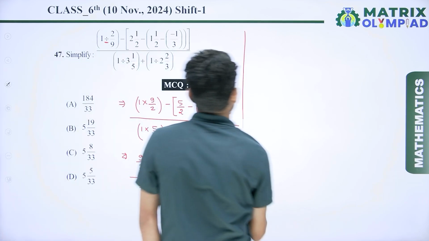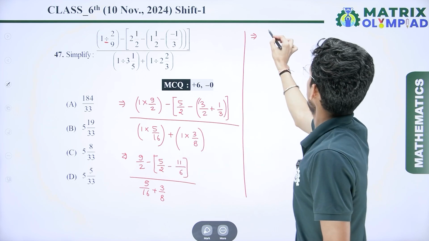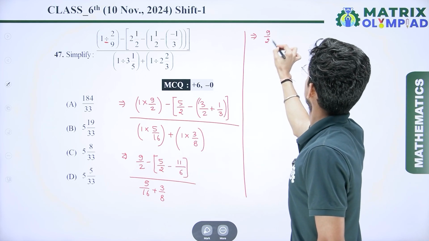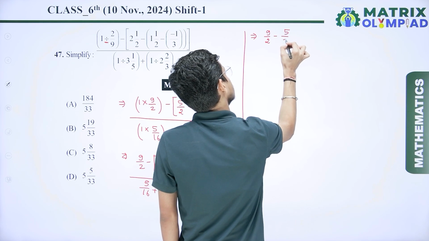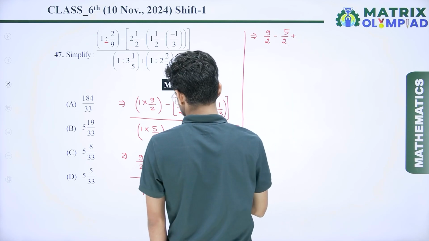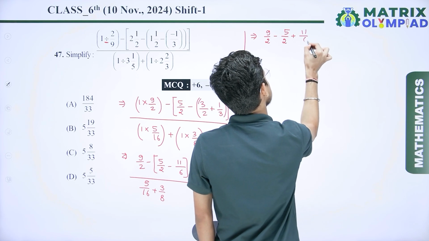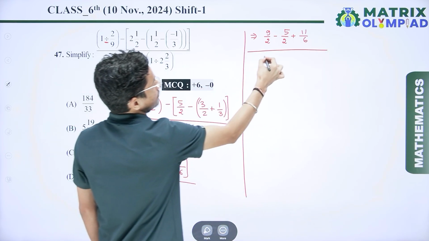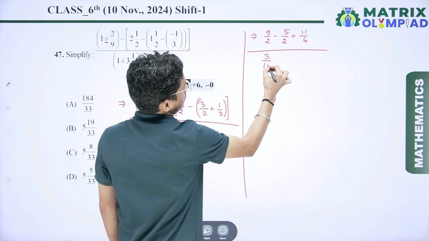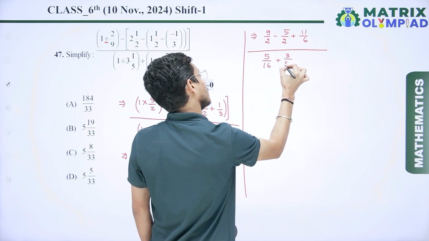Now the next one: 9 upon 2 minus 5 upon 2 plus 11 upon 6, and this number is divided by 5 upon 16 plus 3 upon 8.